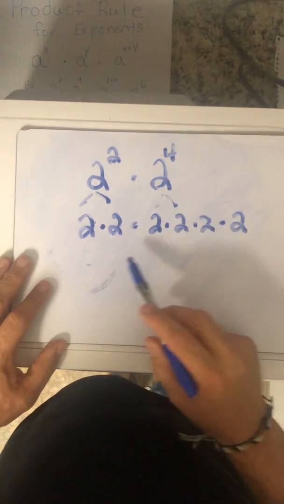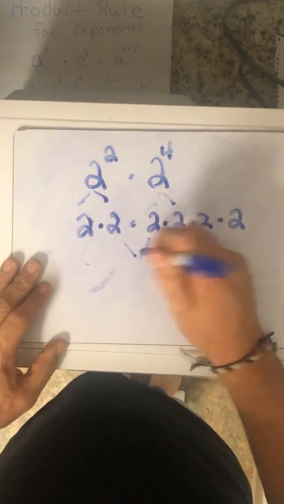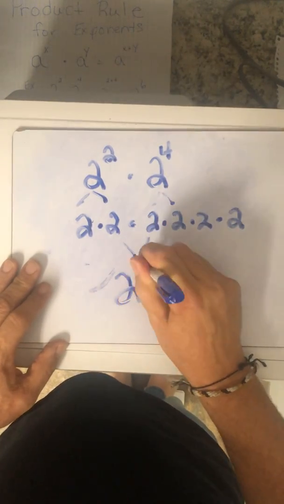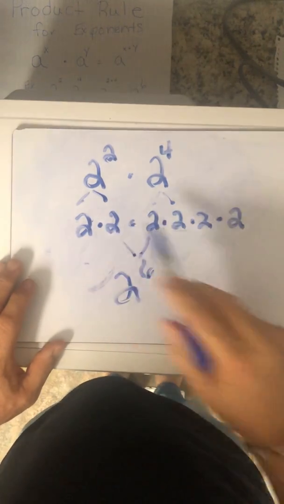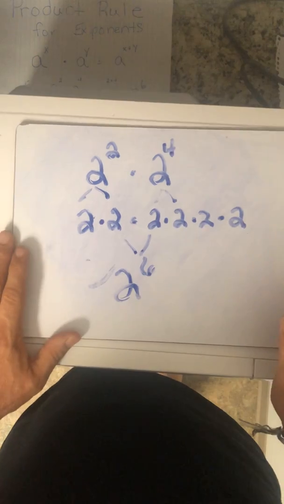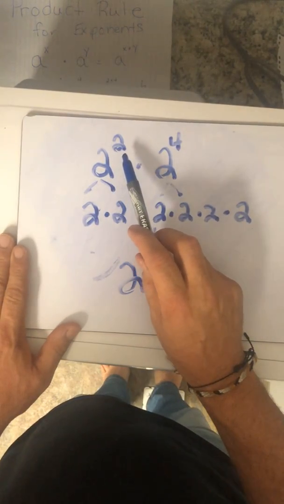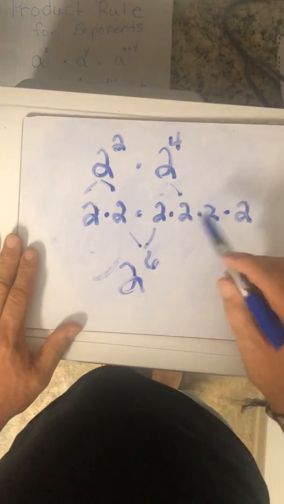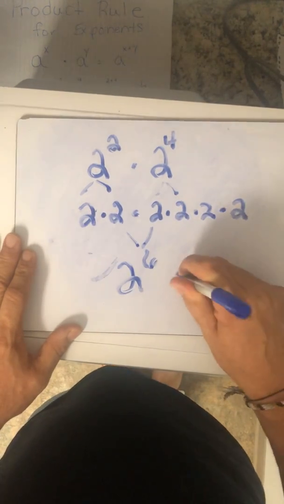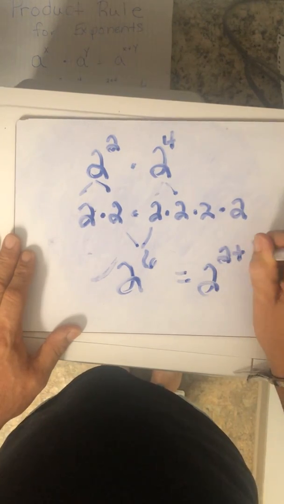Isn't that just multiplying 2 together 6 times, which is the same as saying 2 to the sixth power? We could do all this expanded form every time, but if we look at our exponents, we have 2 and 4. So we could have actually just said this is the same as 2 to the 2 plus 4.